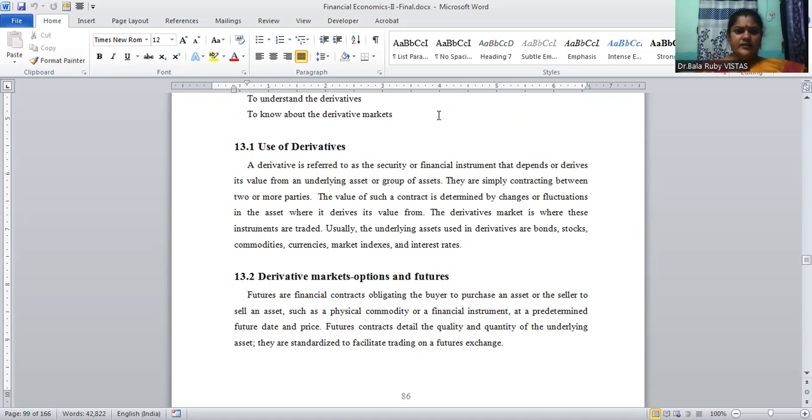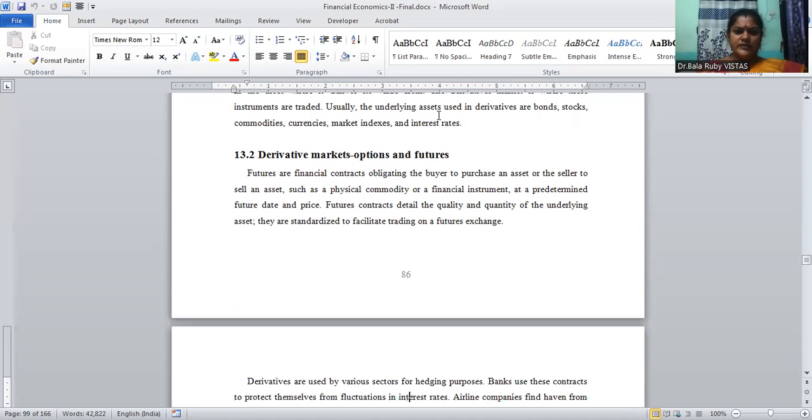Then let us concentrate on the derivative markets, options, and futures. Futures are financial contracts obligating the buyer to purchase an asset or the seller to sell an asset, such as a physical commodity or financial instrument, at a predetermined future date and price.